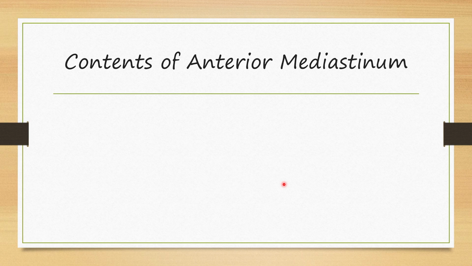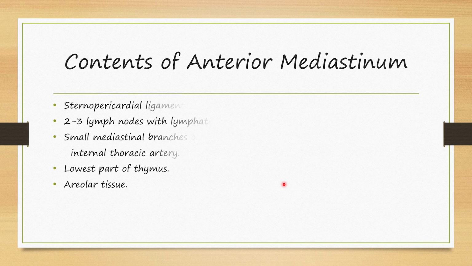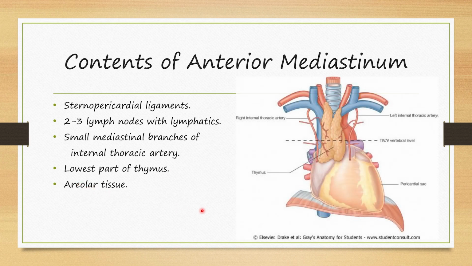What are the contents of the anterior mediastinum, you might say? There are the sternopericardial ligaments, 2 to 3 lymph nodes with lymphatics, small mediastinal branches of internal thoracic artery, and only the lowest part of the thymus and areolar tissue. So here is the imaginary plane.